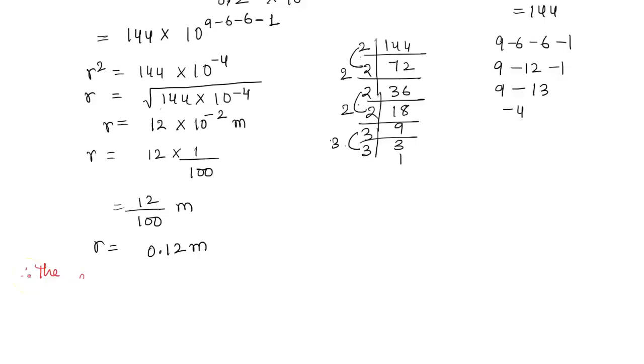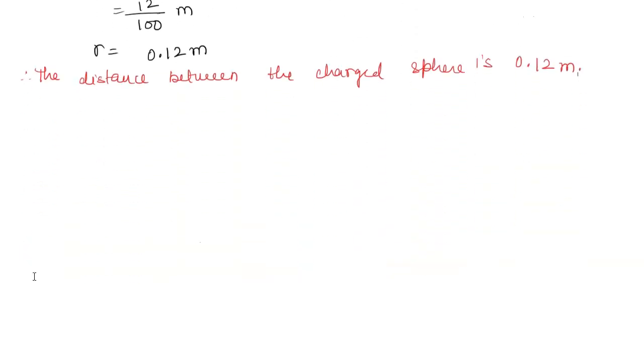Therefore, the distance between the charged spheres is 0.12 meter. Now for part B, force on the second sphere due to the first.